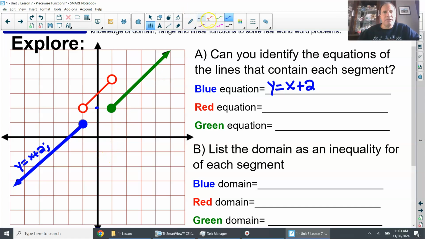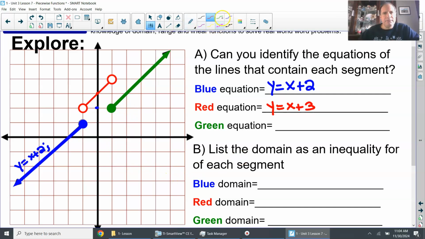All right, so the red equation, this right here is the y-intercept. So it's 1, 2, 3. And then it also has a slope of 1. So this is x plus 2, x plus 3. y equals x plus 3.